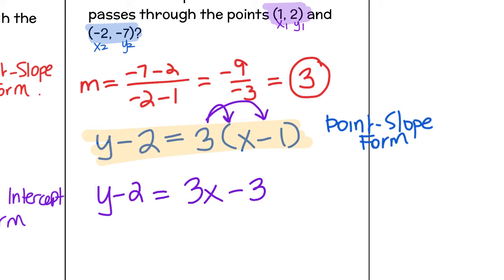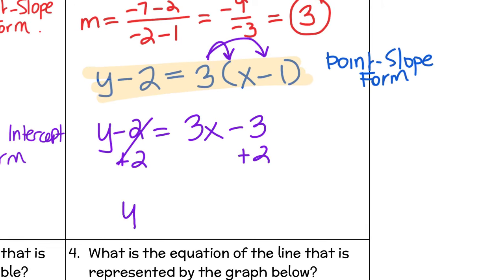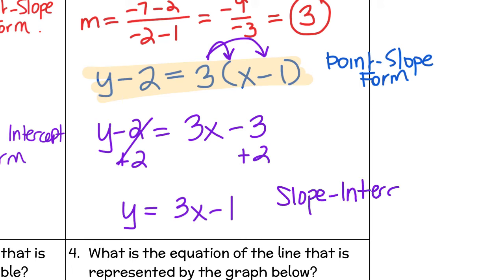Now I want y to be by itself, so I'm going to use inverse operation and add 2 to both sides. Those 2's will cancel. And I'm left with y equals 3x. Negative 3 plus 2 gives me negative 1. And this is our slope intercept form.